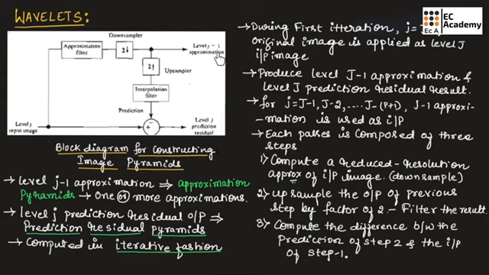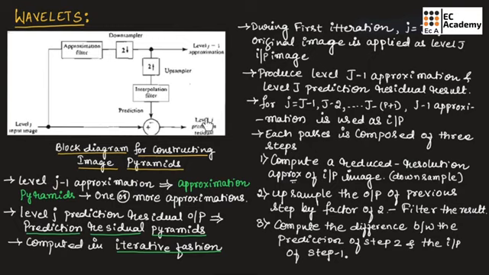The level j-1 approximation output is used to create an approximation pyramid which contains one or more approximations of the original image. The level j prediction residual output is used to build the prediction residual pyramid. These pyramids consist of low resolution approximations of the original image and information for the construction of higher resolution approximations at other levels.